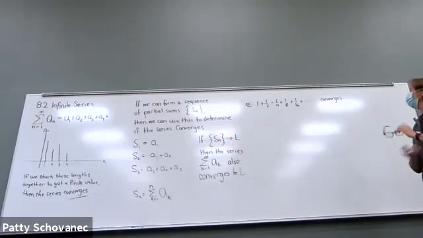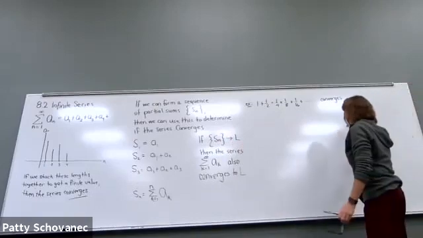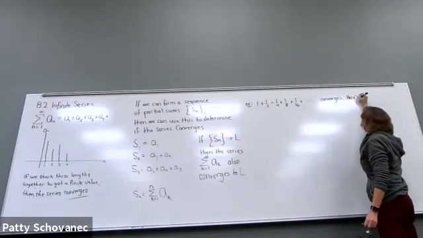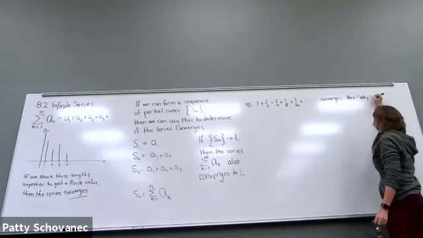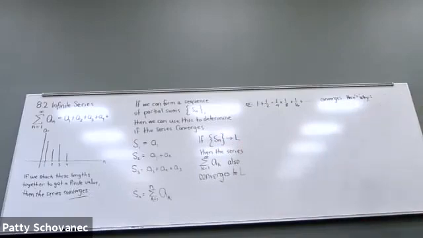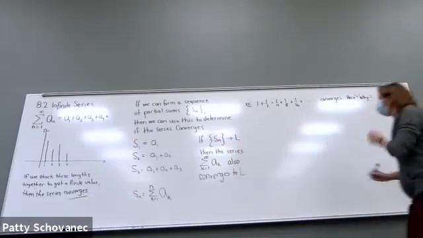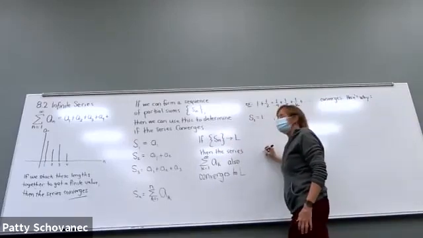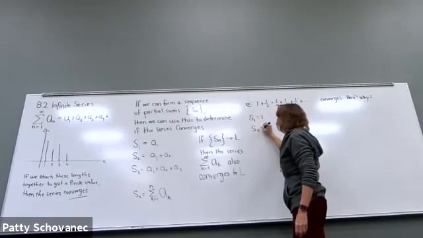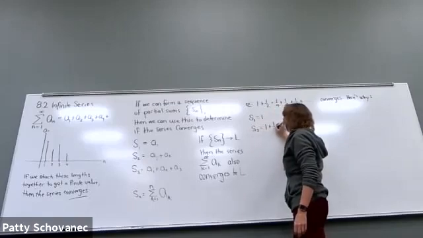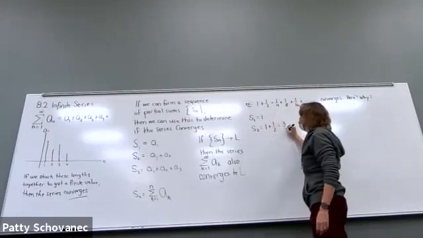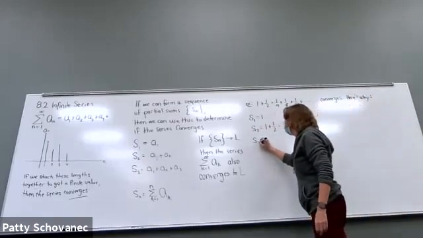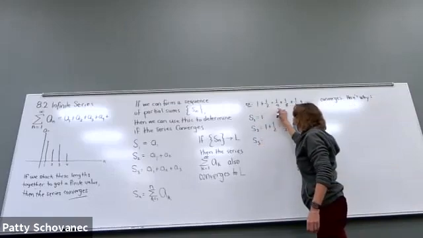So let's look at the sequence of partial sums. My first partial sum is just 1. My second partial sum is 1 plus a half, which is 3 halves. My third partial sum is 1 plus a half plus a fourth.